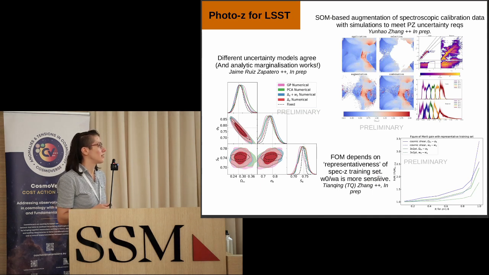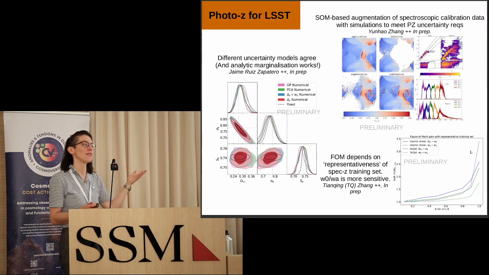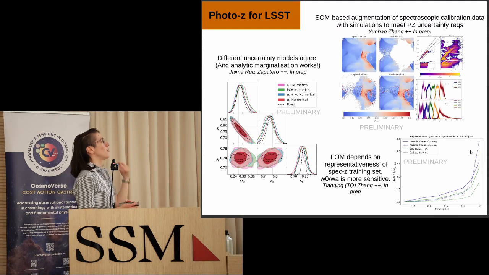And what TQ is seeing is, kind of interestingly, and I'm sorry about the small font here, the line that kind of shoots up at the end here is the w0-wa figure of merit. So I'm talking about the area of the contour in w0-wa space, which depends more sharply on the representativeness of the high redshift spectroscopic training sample than, for example, Omega_m and sigma_8. Kind of makes sense because there's this redshift dependence, but interesting to see.